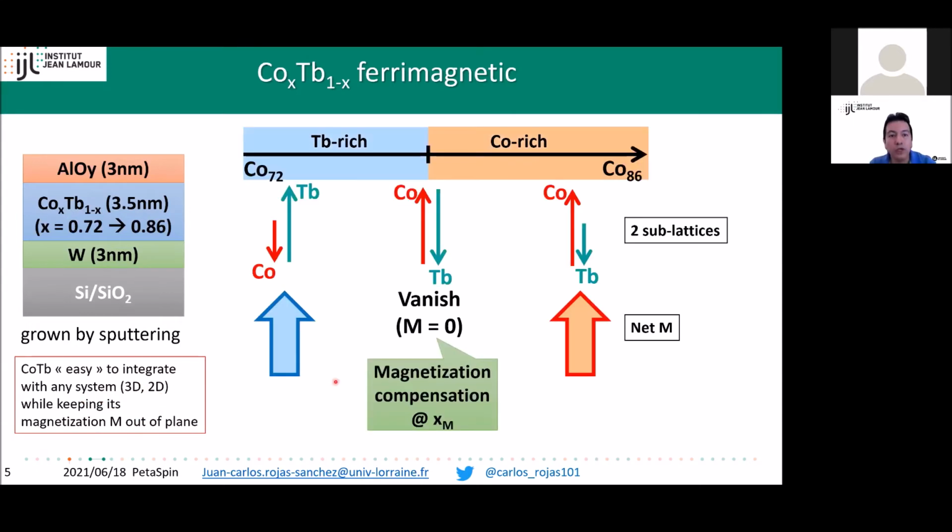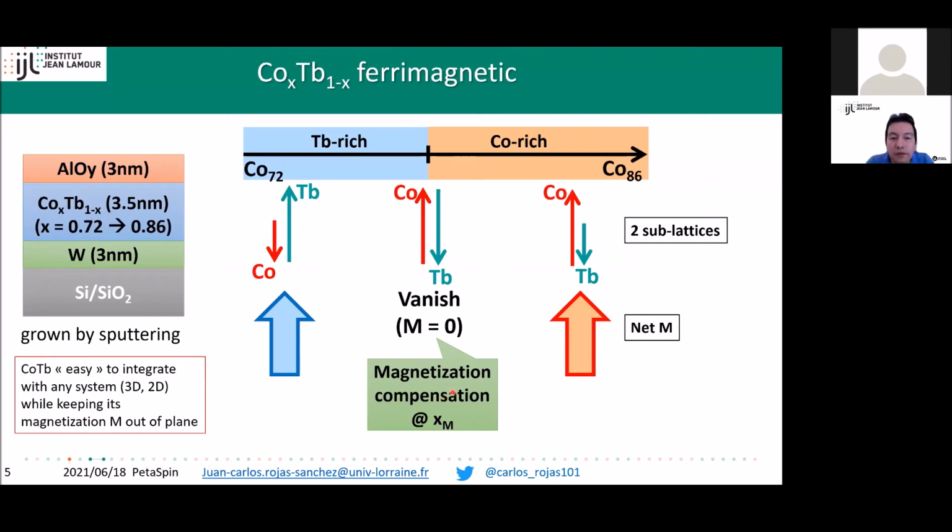So we can tune the net magnetization of the system, and when the net magnetization is dominated by the terbium magnetic sublattice, we call the system terbium-rich phase. When it's dominated by the cobalt sublattice we call it cobalt-rich phase, and at the point where they cancel each other out, I mean the net magnetization vanishes, we call this the magnetization compensation point.